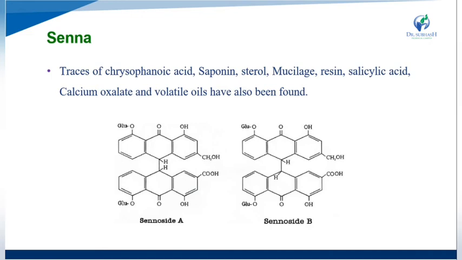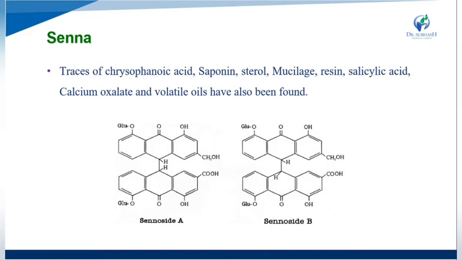Okay, in these two structures of sennoside A and sennoside B, they are present in more amount in the chemical constituents, and sennoside C and D are present in a small amount.